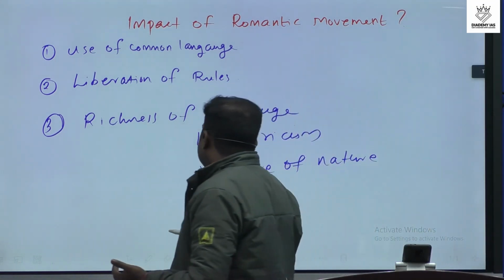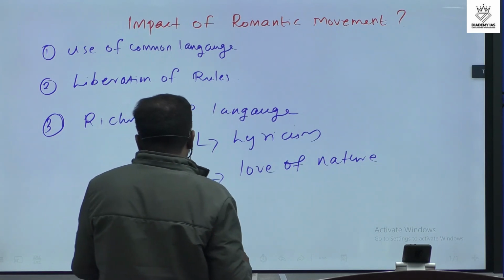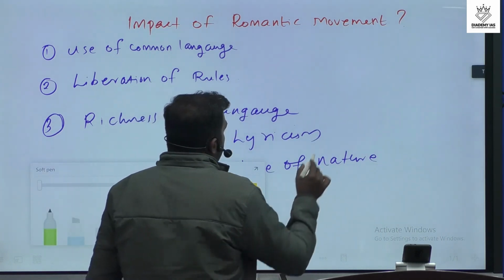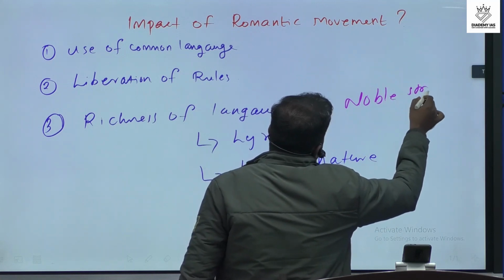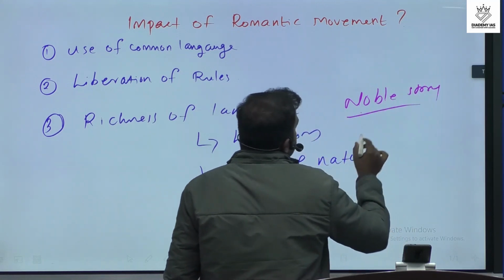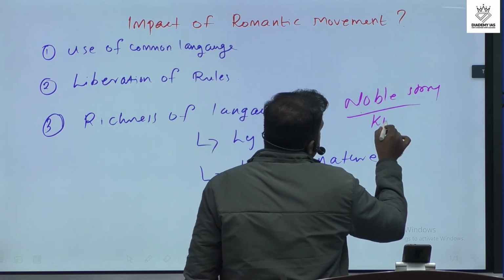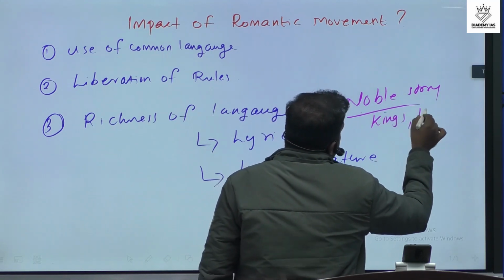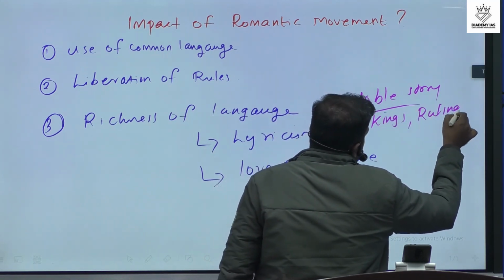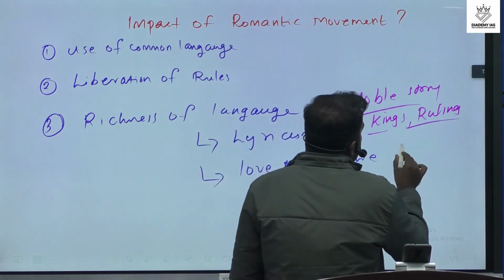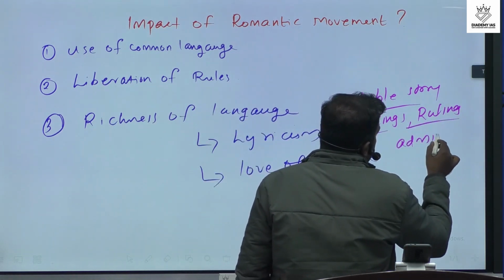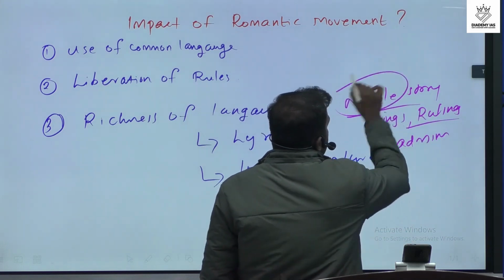Before that time, literary works were mainly based on noble stories, noble aspects, kings ruling, administration, and the noble community.